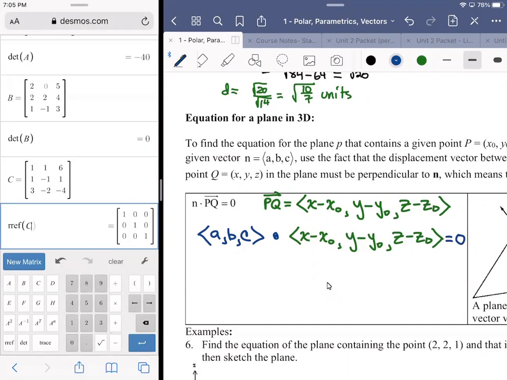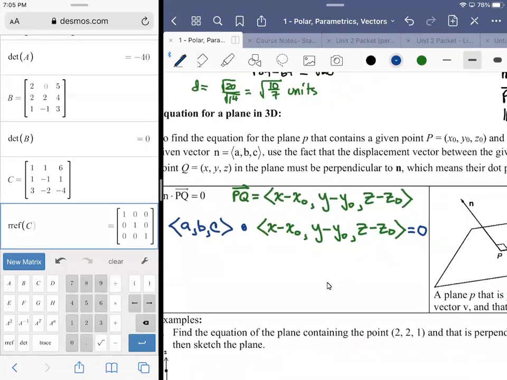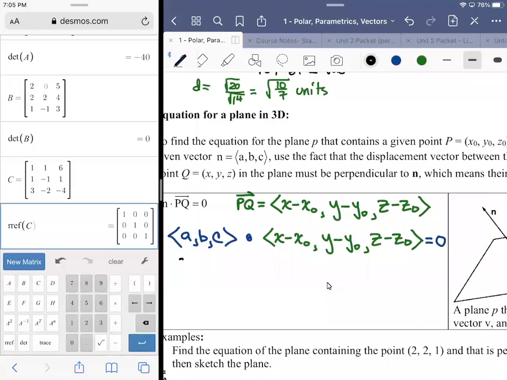And again, it's 0 because the dot product between two vectors, if it's equal to 0, indicates that those two vectors are orthogonal to one another. Right? So I can multiply. So I'll have Ax minus Ax sub o plus By minus By sub o plus Cz minus Cz sub o is equal to 0, all right?